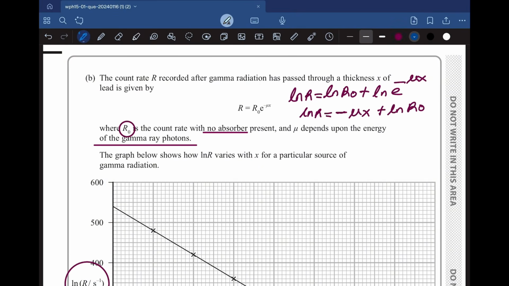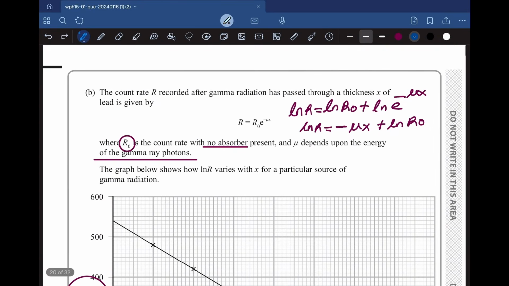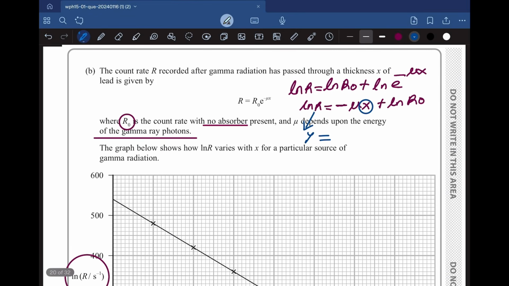This ln r is my y-axis, because in the graph you can see ln r was on the y-axis, and x is on the x-axis. So this ln r naught is my y-intercept, and this mu is going to be my gradient.